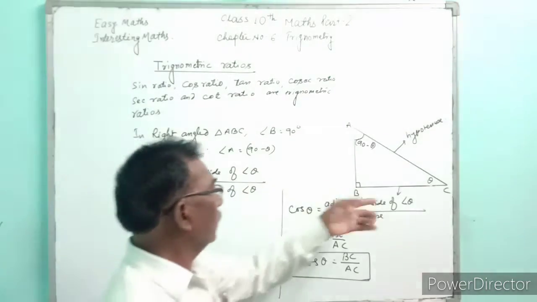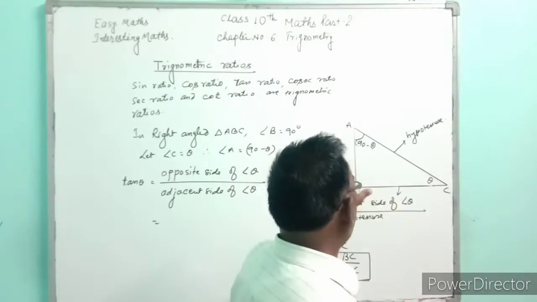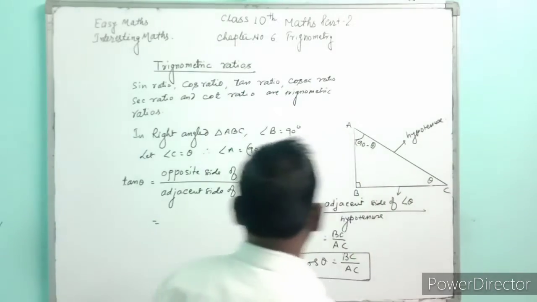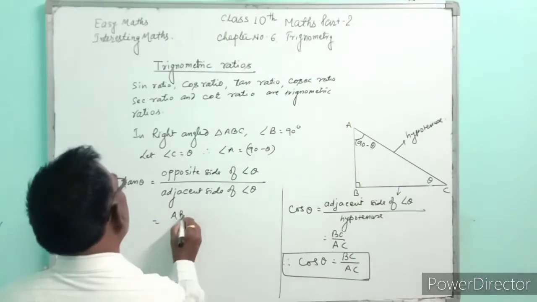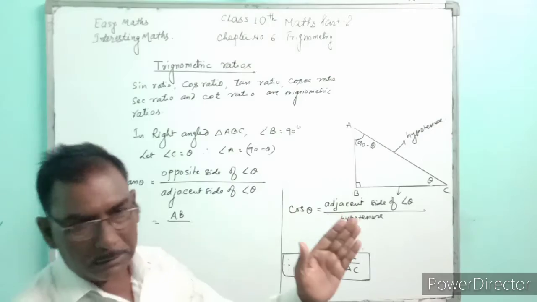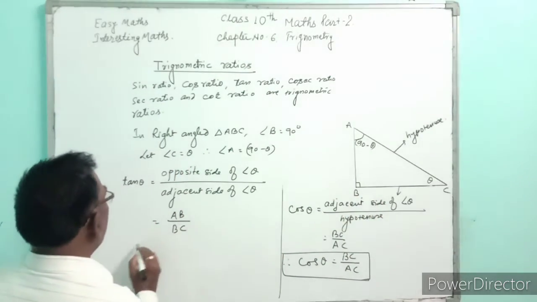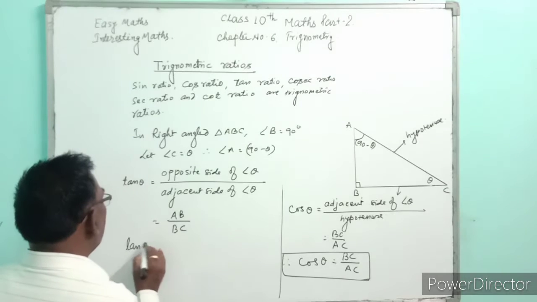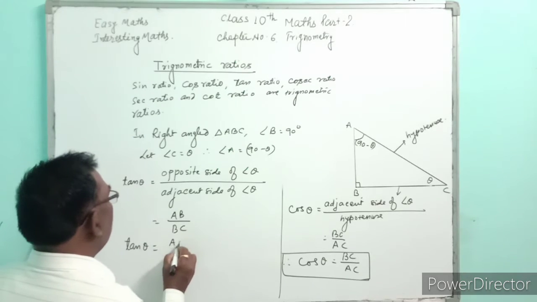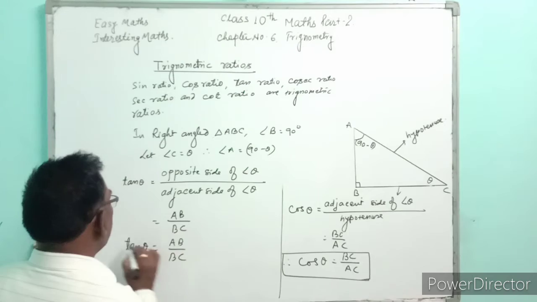The opposite side of angle theta is AB and the adjacent side is BC. Therefore, tan theta is equal to AB upon BC.